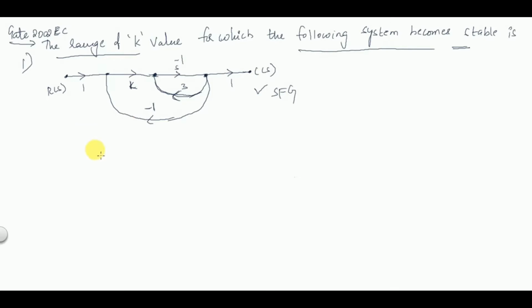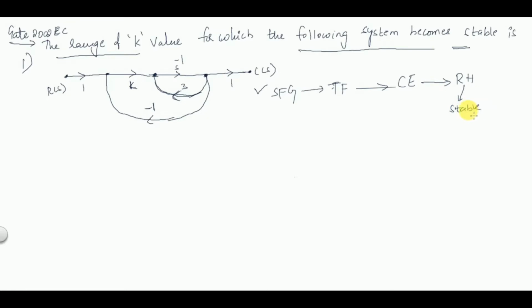First of all, from the signal flow graph we have to find the transfer function, and from the transfer function we can find the characteristic equation, and from the characteristic equation using RH criterion we can find the value of k for the system to be stable.